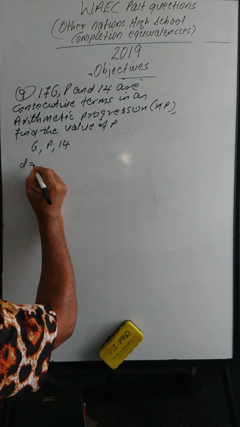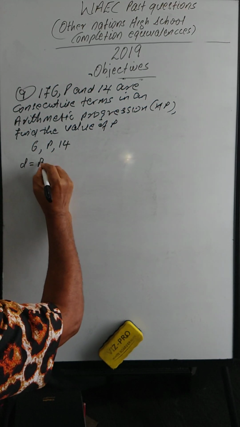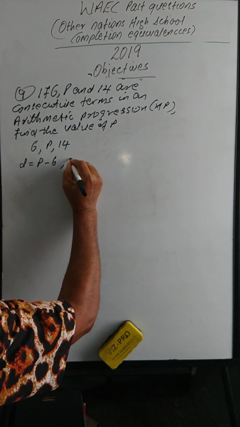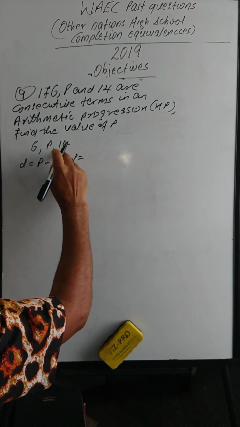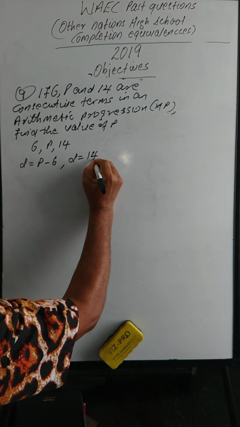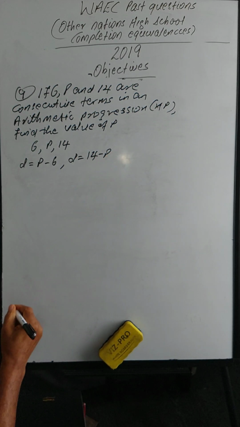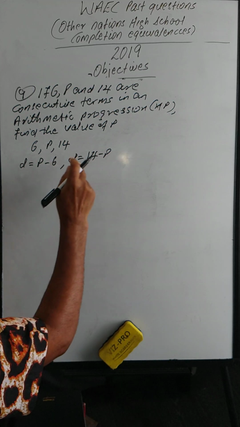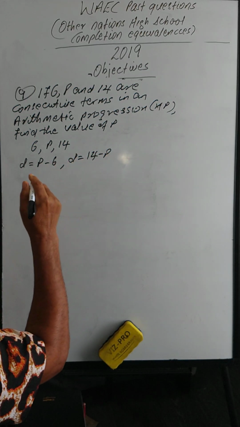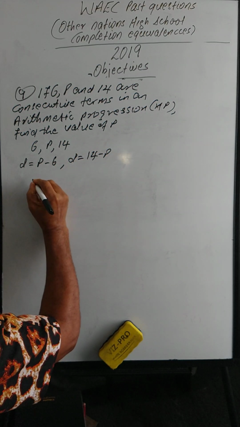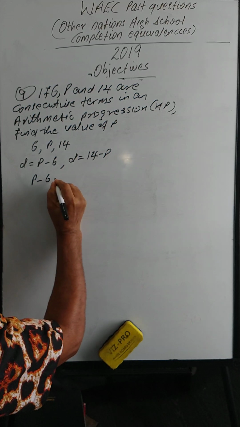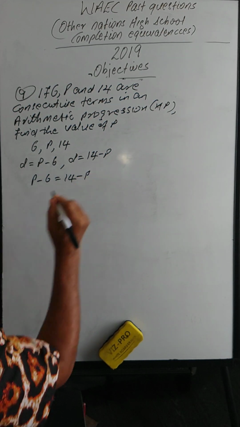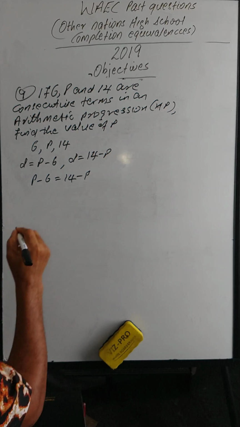Common difference D is equal to P minus 6. Still common difference is 14 minus P. Since P minus 6 is equal to D and 14 minus P is equal to D, that implies that P minus 6 is equal to 14 minus P. We now collect like terms.